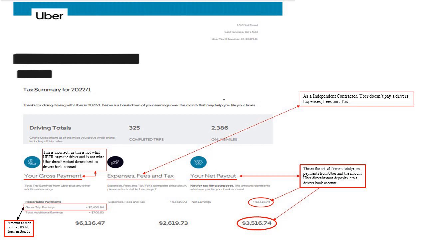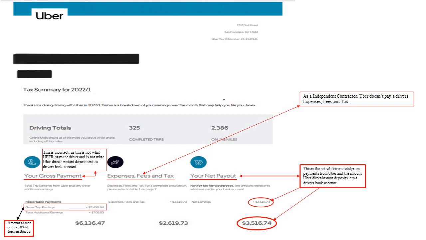As we can see here, that amount is $3,516.74. This is actually a driver's total gross payments from Uber and the amount Uber direct and instant deposits into a driver's bank account. So, what is the difference between the $5,430.94 and the $3,516.74?